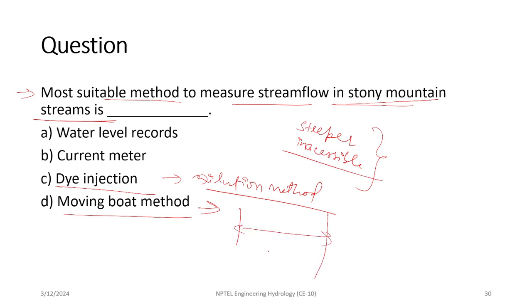Like if you are targeting the entire Ganga river, there may be a stretch where you will be getting a width of more than 50 meters. So for that case, boat method will be a good option.